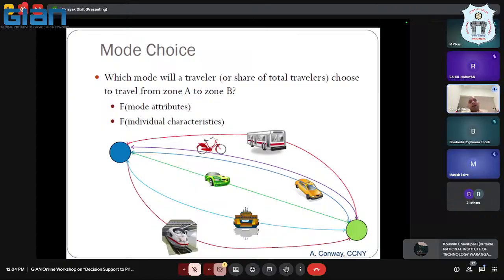That is what is affecting my choice, because of the requirements of the trips I need to do. So the individual characteristics also have an aspect of trip characteristics.